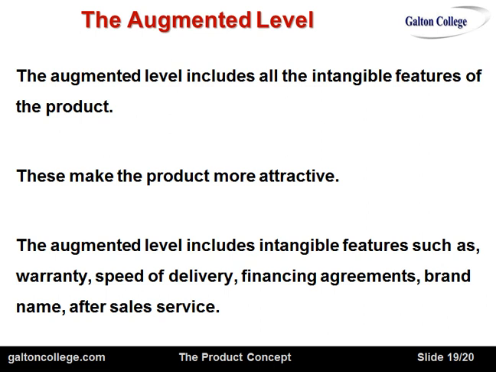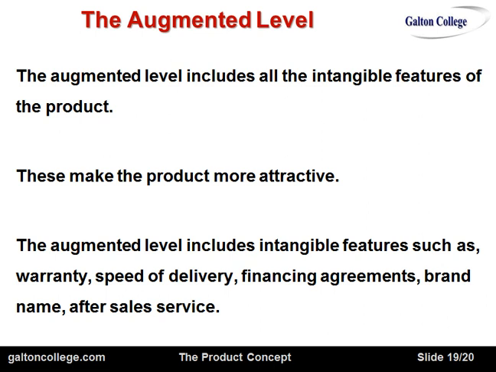So the augmented level is like something added on. It's almost like an additional product. It's something which has been attached to the product. So the three levels: the core benefit, which is the essential benefit. It's why the camera is in existence, to take pictures, to take images.